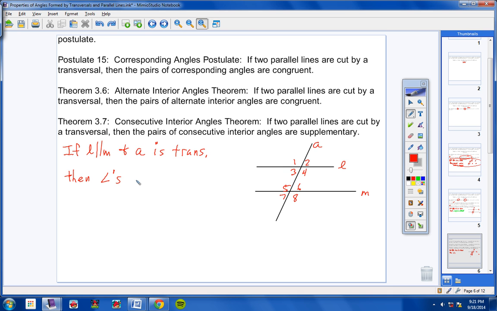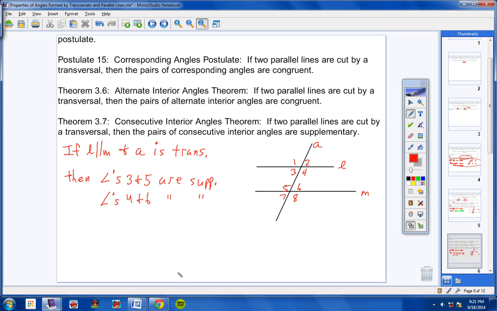So angles 3 and 5 are what? Supplementary. And then the other two consecutive interior angles would be 4 and 6. Okay? So angles 4 and 6 are supplementary.